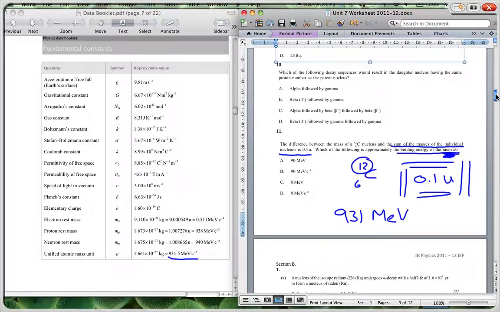Remember, the c to the minus 2 is purely just converting that into a mass unit, so we don't need that. This is your energy unit over here. And so we got that as 0.1, so it's going to be a tenth of that, so that's 93.1 MeV. So this one over here would be about the correct one, 90 MeV.